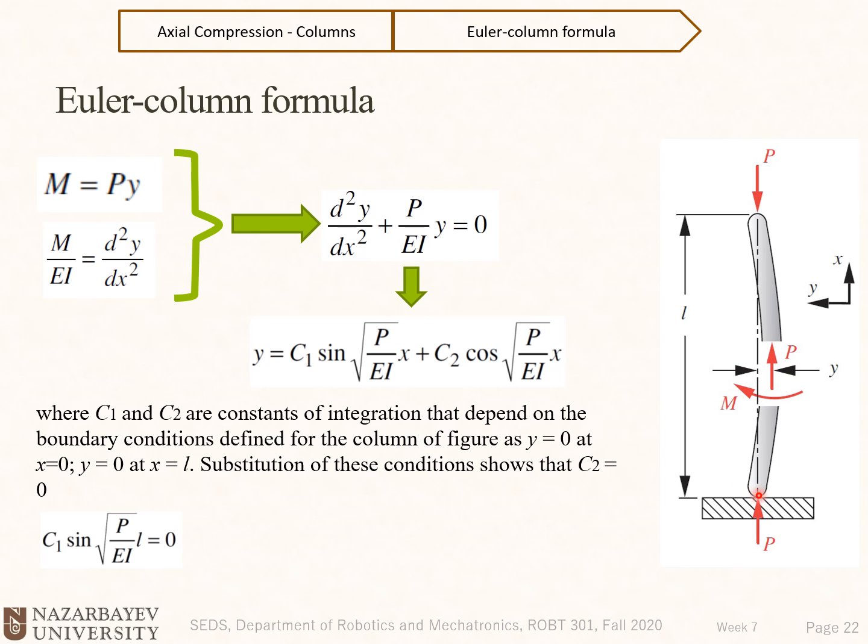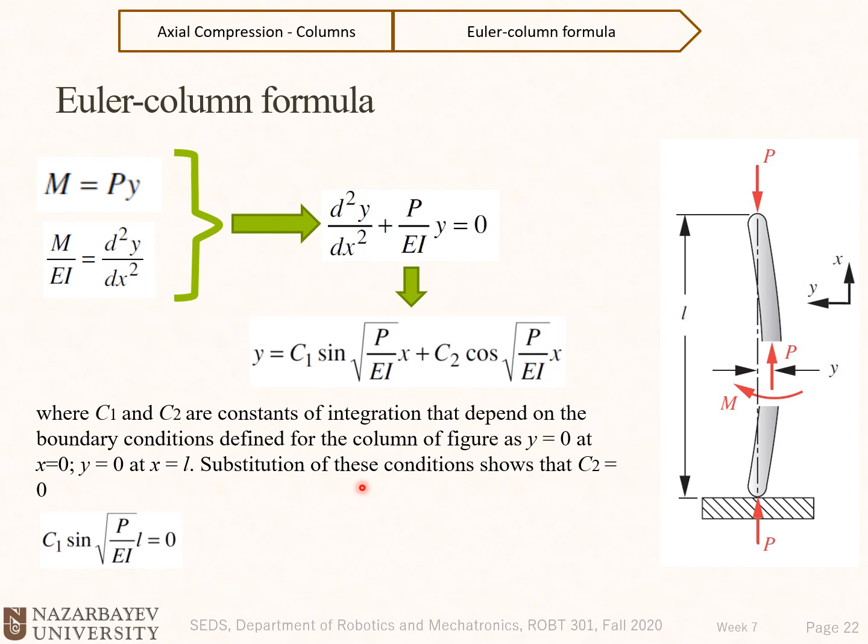So Y, or deflection at the support, will be 0 at x equal to 0, and the deflection at x equal to L, or the second support, also will be 0.